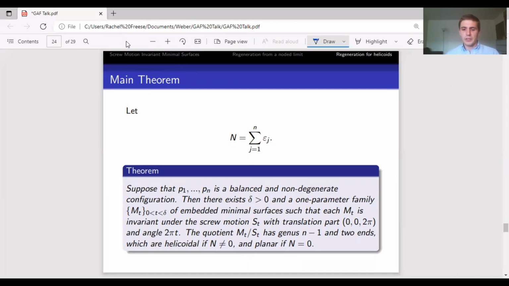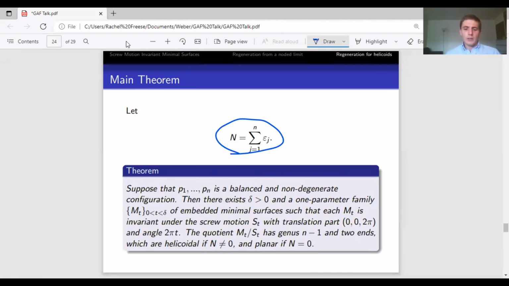which is really nice to visualize. So what it ends up like has to do with the sum of the charges. If that sum is 0, then you end up with planar ends. And if that sum is non-zero, then you end up with helicoidal ends.